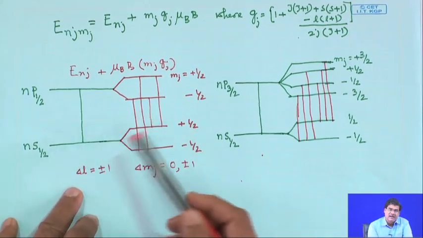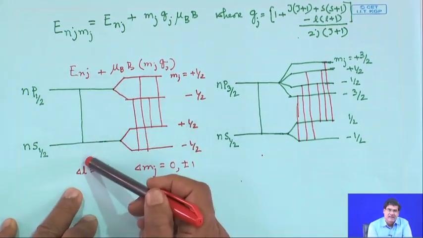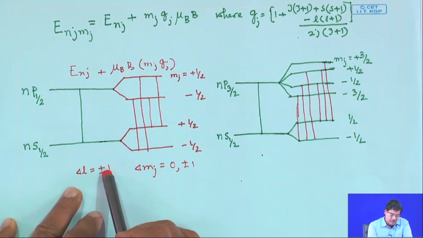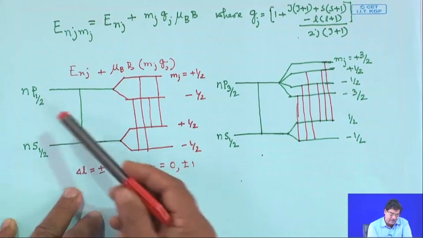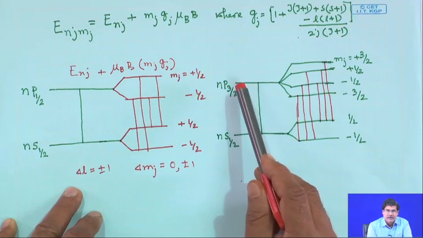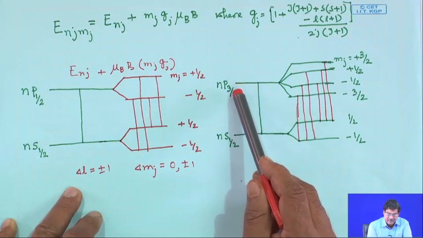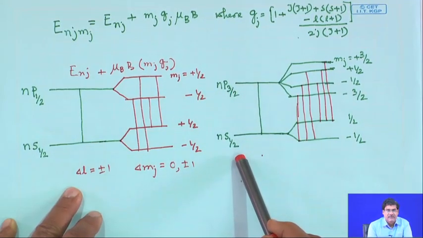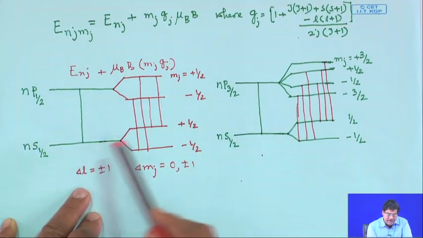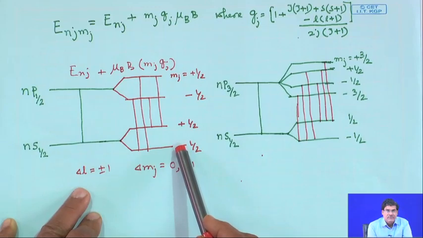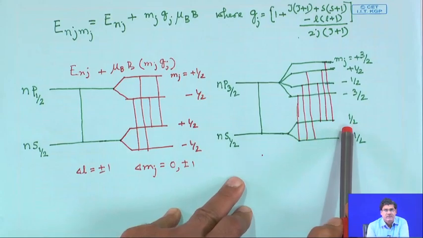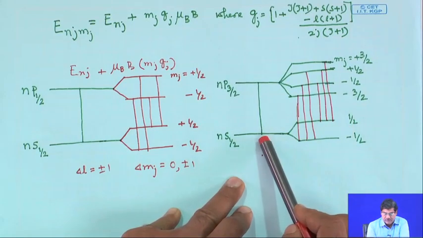Similarly, it may be a hydrogen line, or the sodium D1 line, which we get from P half to S half, and the D2 line we get from P 3 by 2 to S half. So the sodium D1 line will be split into 4 lines, and the sodium D2 line will be split into 6 lines.